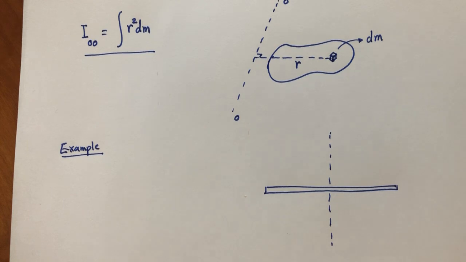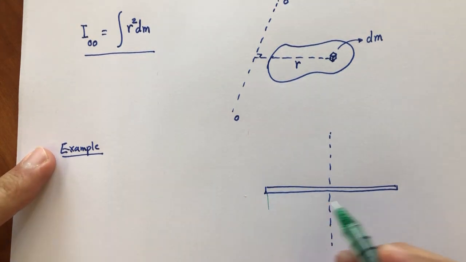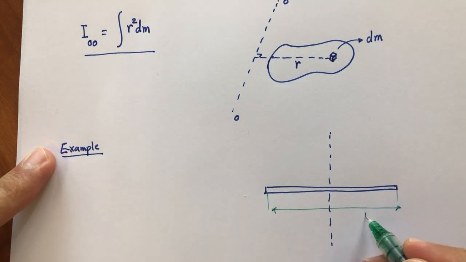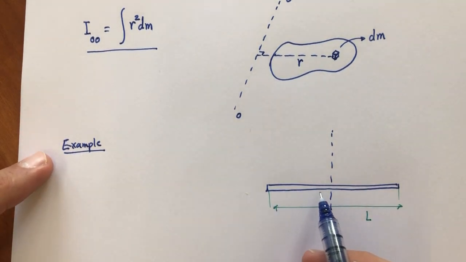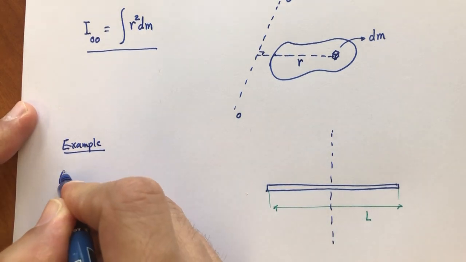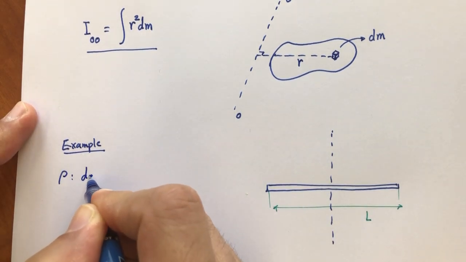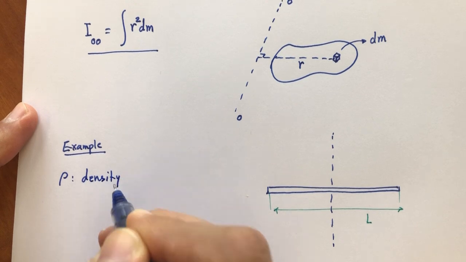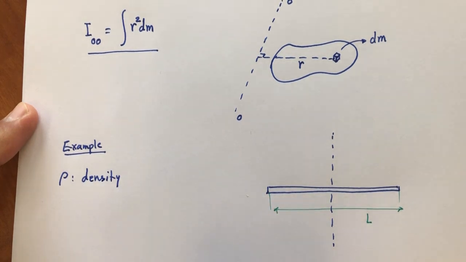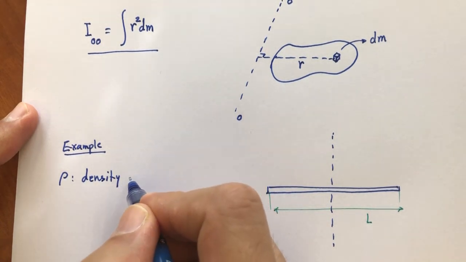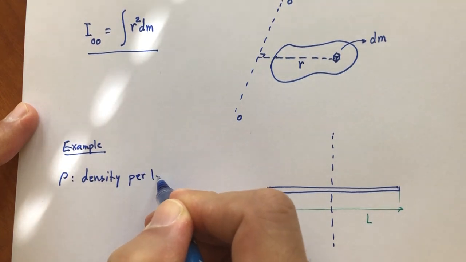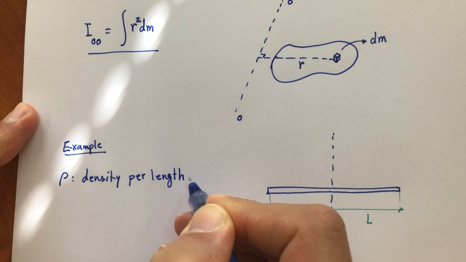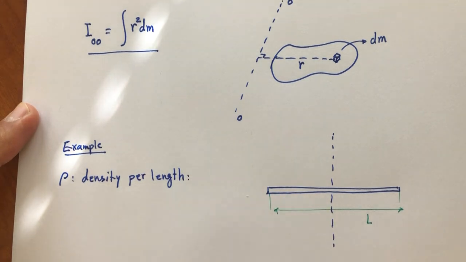Let's say the length of this rod is L, and the density of this material per length, or mass per length, is rho.